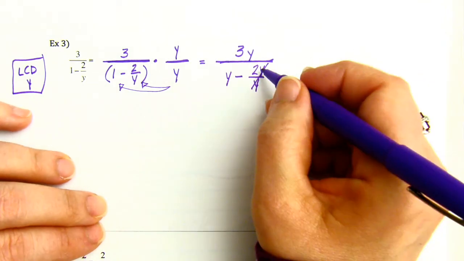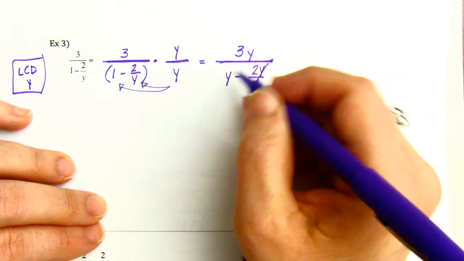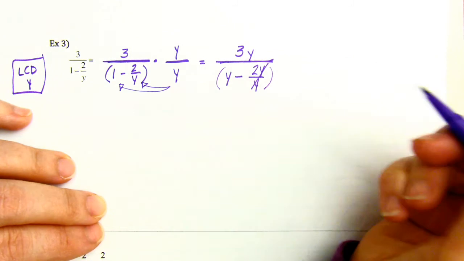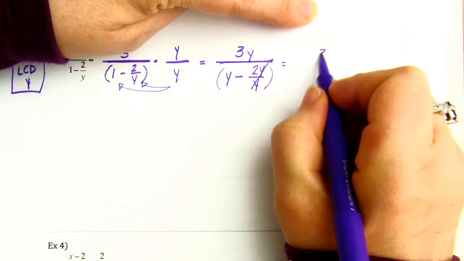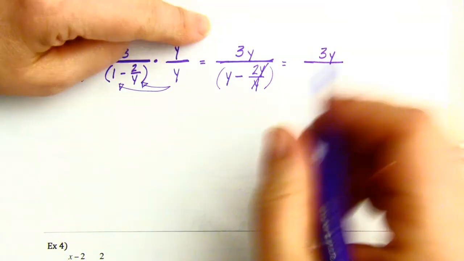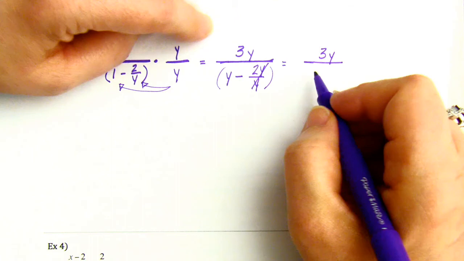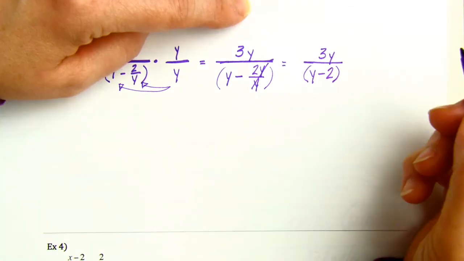Multiplication and division are inverses. I could divide those out. I can't divide these out, right? Because this belongs in a quantity. So don't make that mistake. The top is 3y. These y's divided out. This becomes y minus 2. And again, that is a quantity.